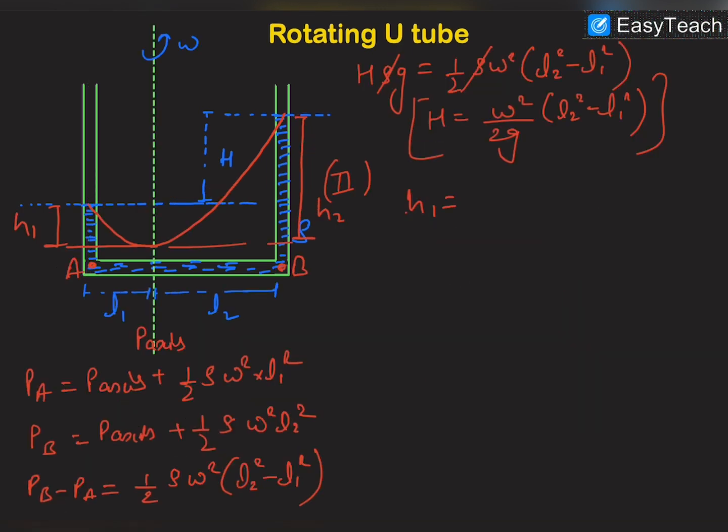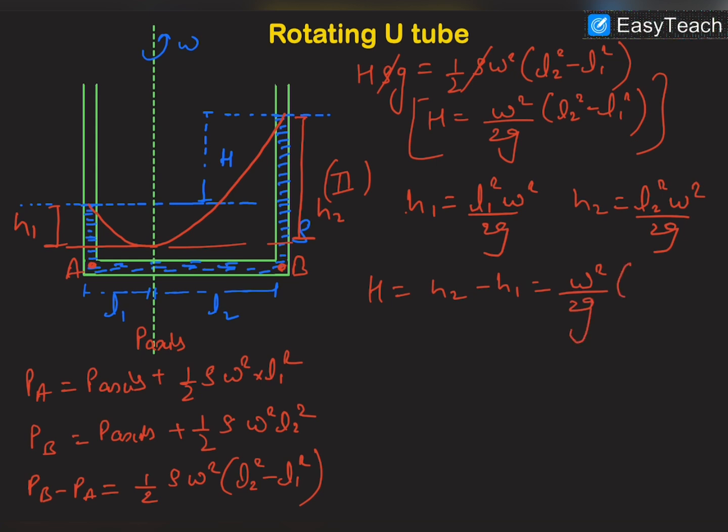H1 will be L1 square omega square by 2g, because the value of r for point A is L1, and H2 will be equal to L2 square omega square by 2g, and capital H is equal to H2 minus H1. So omega square by 2g is common, and this is L2 square minus L1 square. This is again the same thing which we have already verified by method 1.